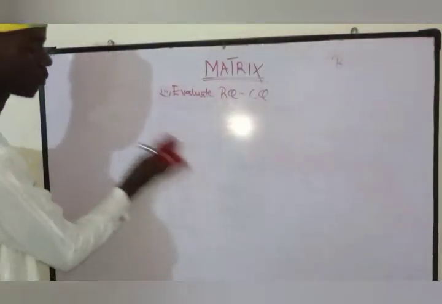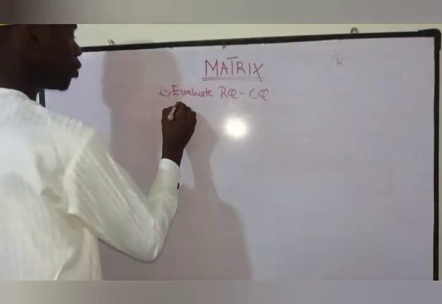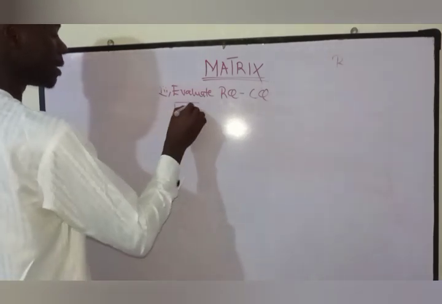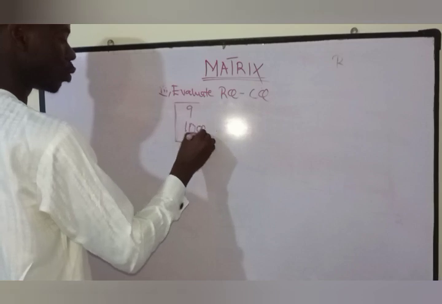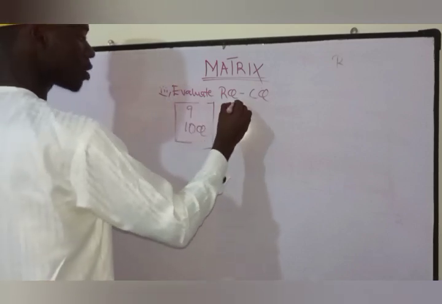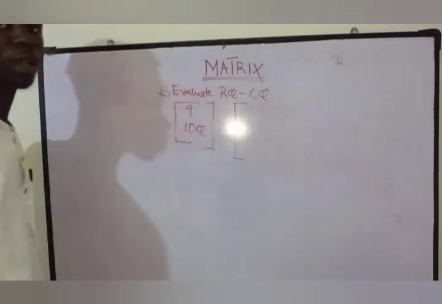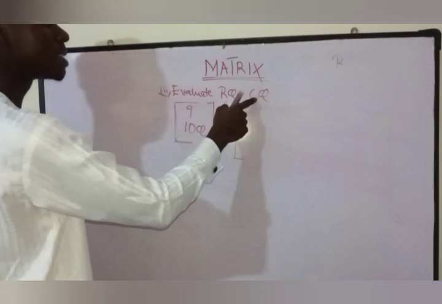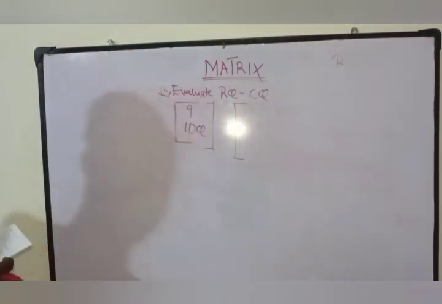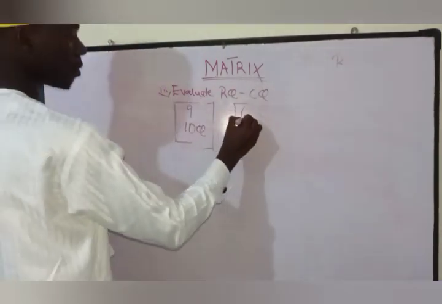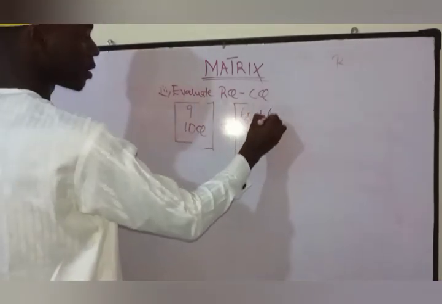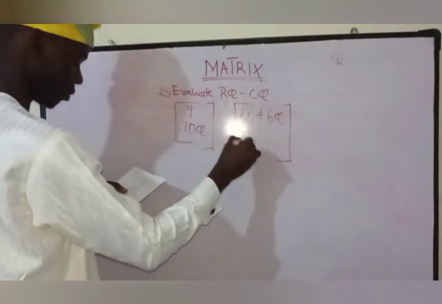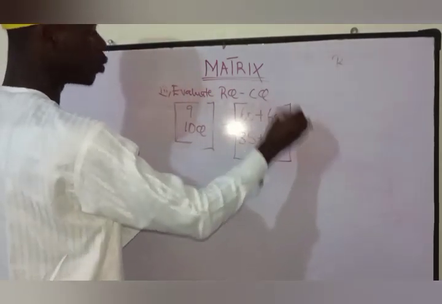My RQ is 9 and 10Q, minus CQ, the first requirement we saw earlier, which is 60 plus 6Q and 35 plus 8Q.